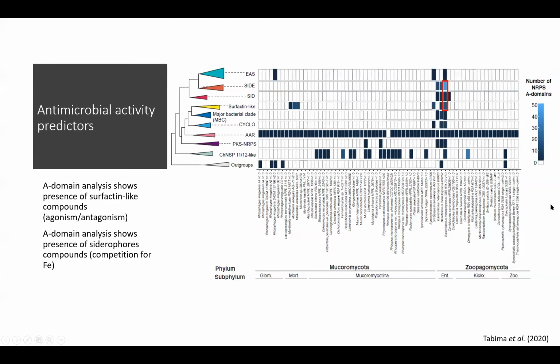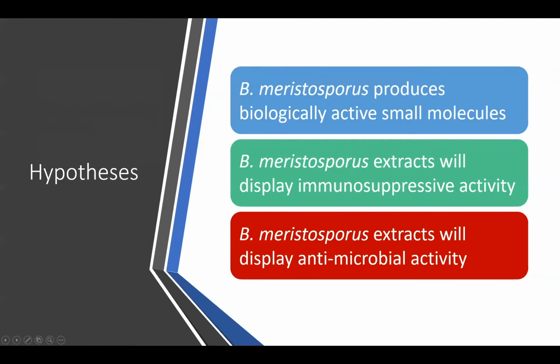So all of these different genomic and proteomic analyses have led to three hypotheses. The first is that Basidiobolus will be producing biologically active small molecules. This might seem kind of obvious, but we don't have any descriptions of compounds. So far, all the data that I presented comes from predictions of genomic and proteomic analyses.